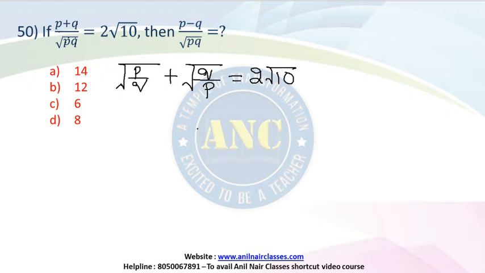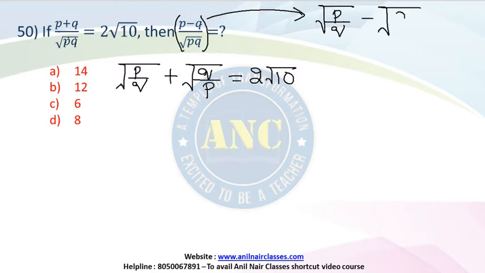Simple. Now let me simplify this particular part also. What is it that they are asking? P by root pq is once again root p divided by q. Whole root of p by q minus q by root pq, it is whole root of q by p.